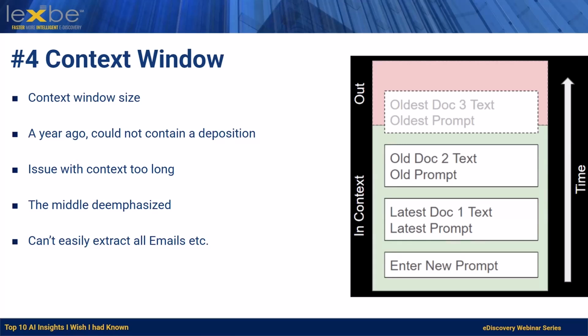But there is also a technical issue that is being worked on, which tends to de-emphasize the middle. So let's suppose you put in 100 documents and then you ask for a summary of each. It would tend to give a good summary of the first documents, the first 20 and the last 20, or maybe the first 40 and the last 40, but the documents in the middle would just receive less attention.